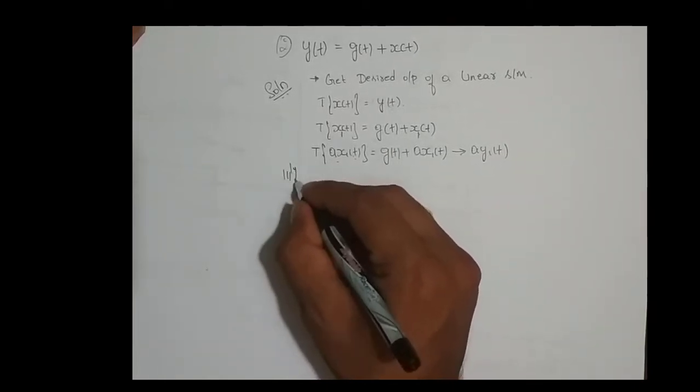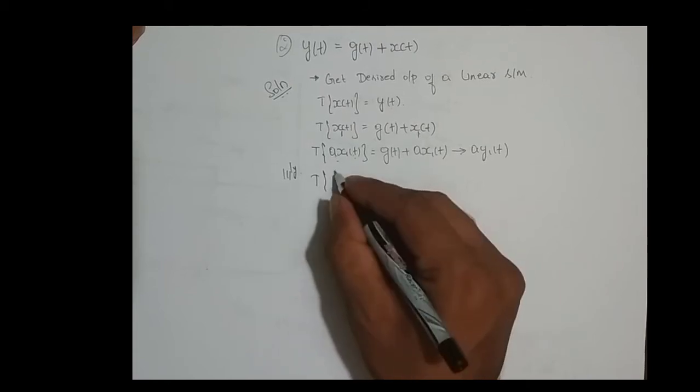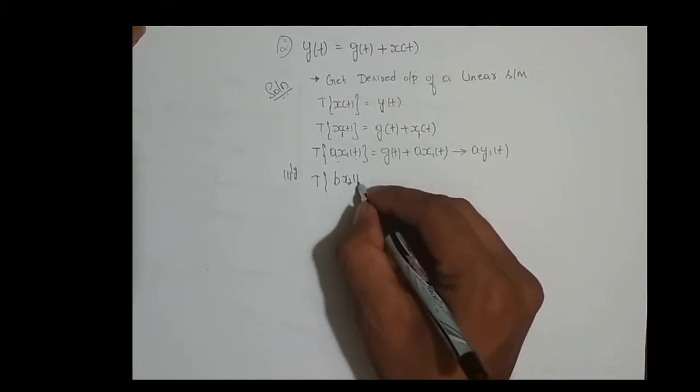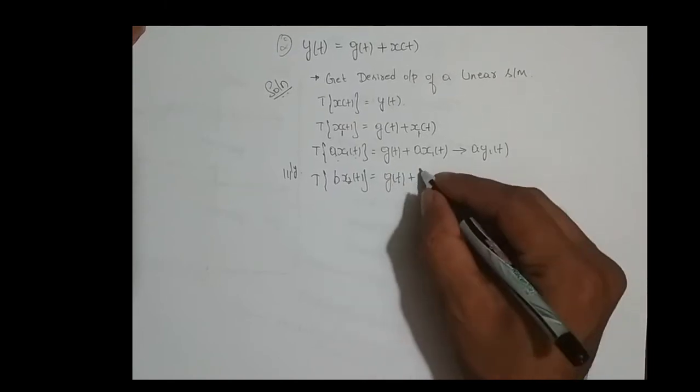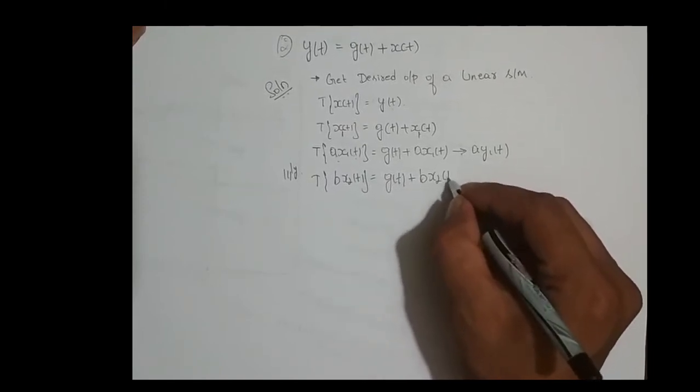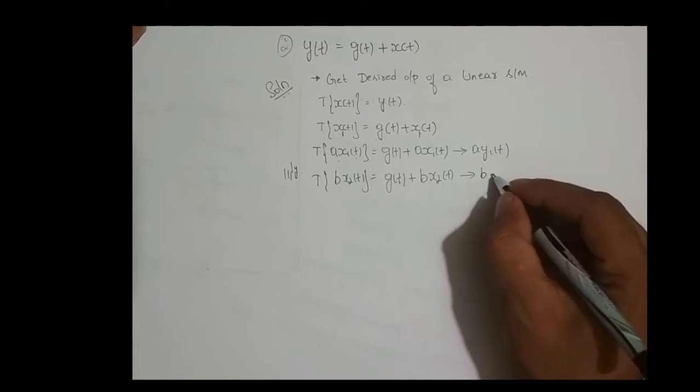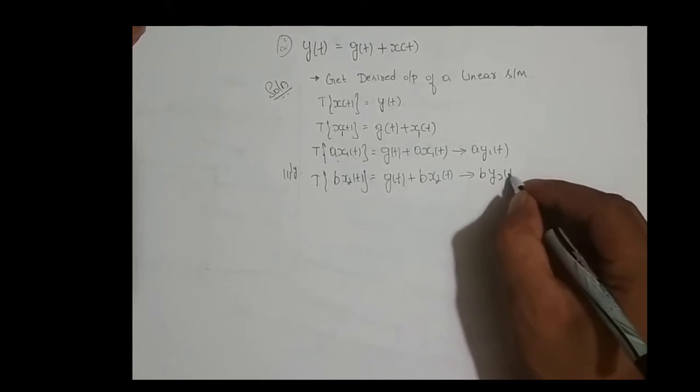So similarly, what is the transformation of b times x2 of t? This is nothing but g of t plus b times x2 of t, right? And what is this? This is nothing but b times y2 of t.